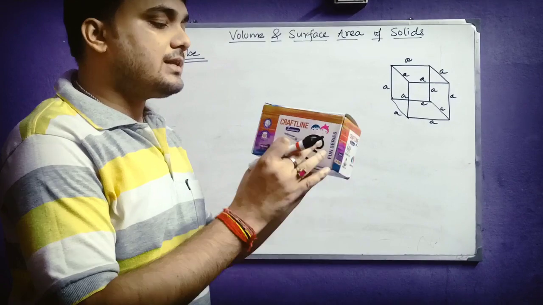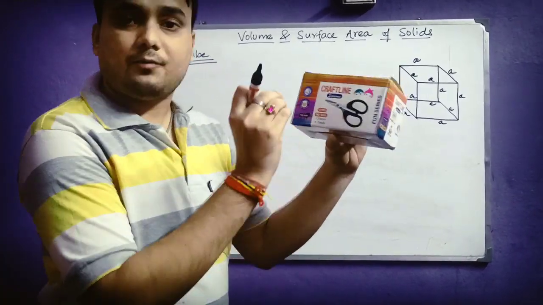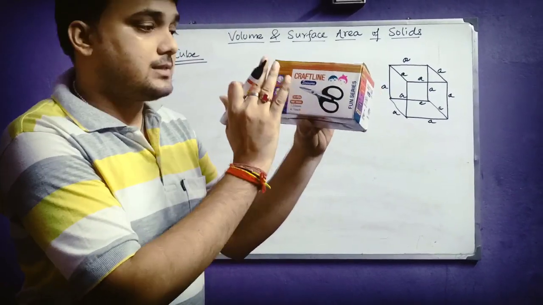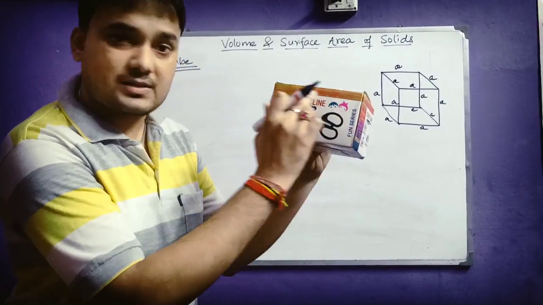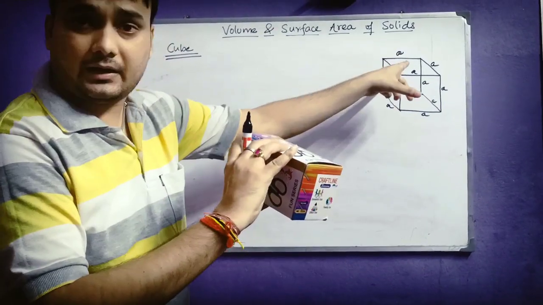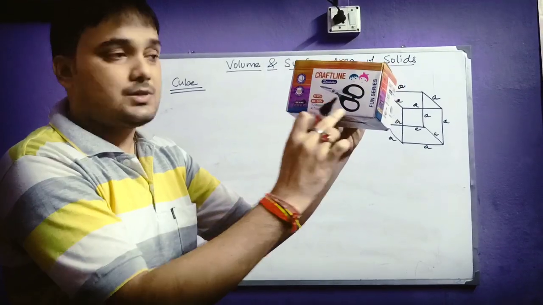As you can see, it also contains 6 faces. Suppose I take one of the 6 faces, this one. As I have said, this is a cube, so all faces will be square, so definitely this will also be considered a square. And if this is a square, then all sides will be equal, and that equal side I have taken as A. So what will be the area of this square face?